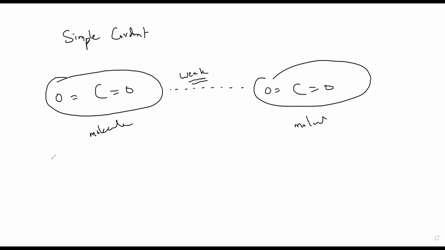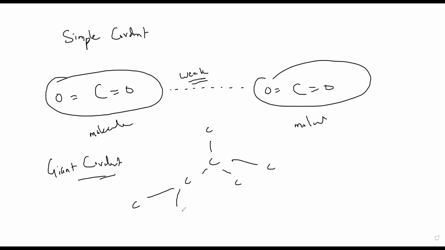But what about a giant covalent structure such as diamond or silicon(IV) oxide? They all have covalent bonds with each other, and covalent bonds are stronger. That's why it will be difficult to melt the substance.